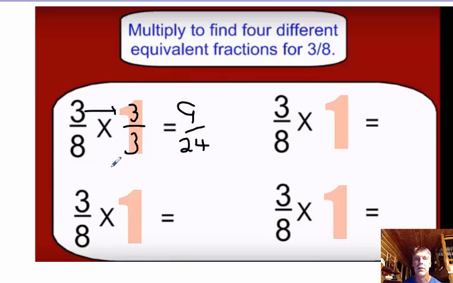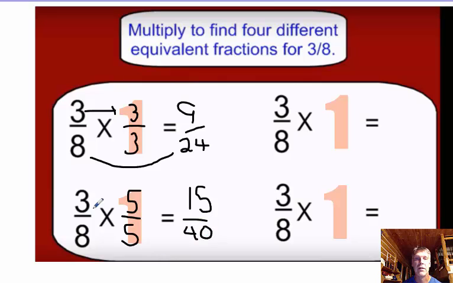And again, 3/8 and 9/24 are equivalent. You can use whatever you want. 5/5: 3 times 5, 15, 8 times 5, 40. So now I have another set of equivalent fractions.